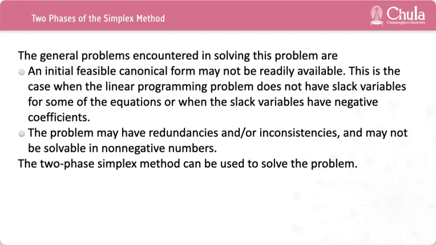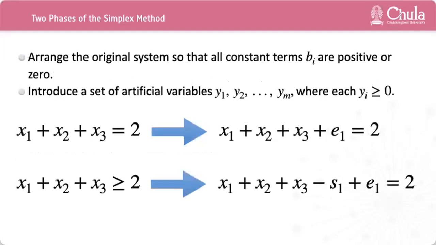So we have to use the two-phase algorithm, the two-phase simplex method. The idea is, if you have an equality constraint at the beginning, you add an extra variable e1.